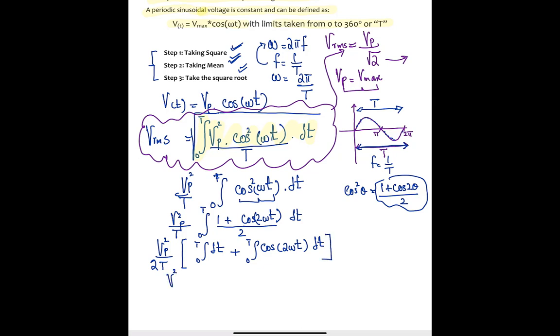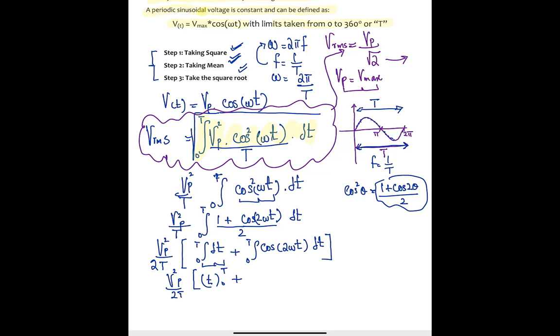So V square p over 2T, I'm going to keep as it is. I know this is going to be equivalent to saying t with limits 0 to T, plus, here what's going to happen, what is the integral of cosine 2 omega t?